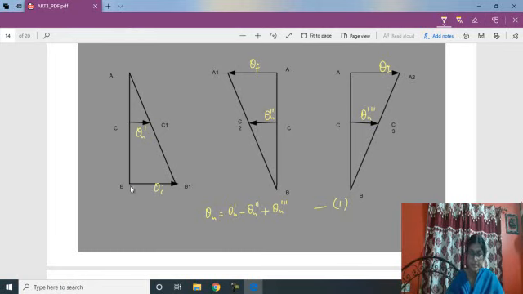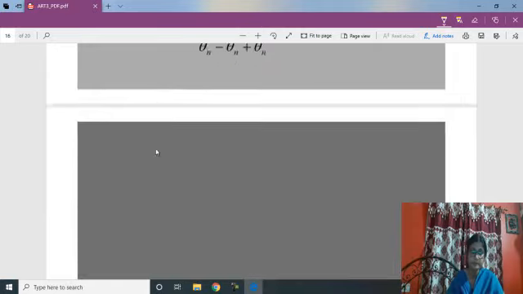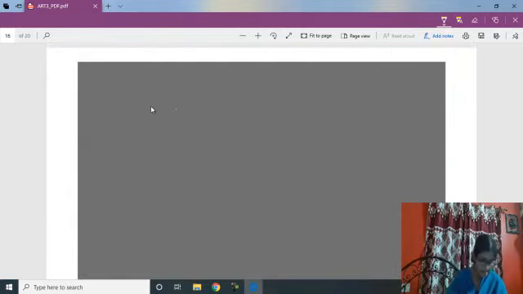So we can write theta n dash by theta I is equal to AC by AB.